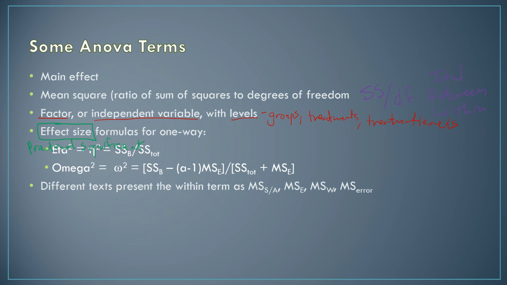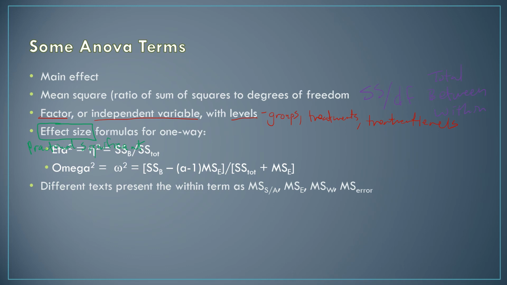This also comes into how the mean squared value is presented, where there are a lot of different terms for your mean squared value. We typically see between and within when you're learning about ANOVA, but then when you get into the research field, you'll see some of these others.